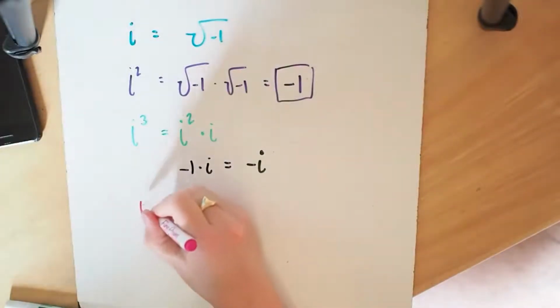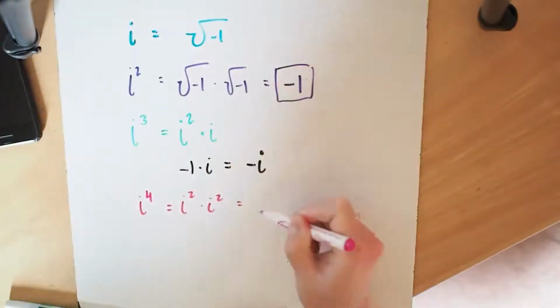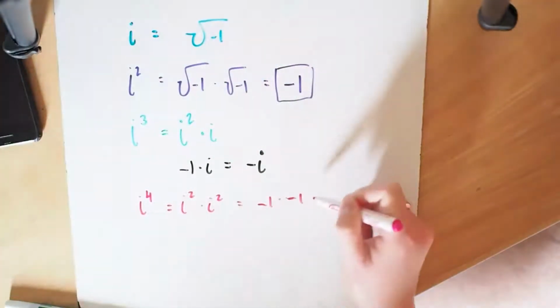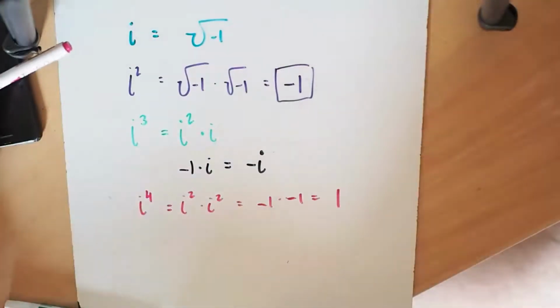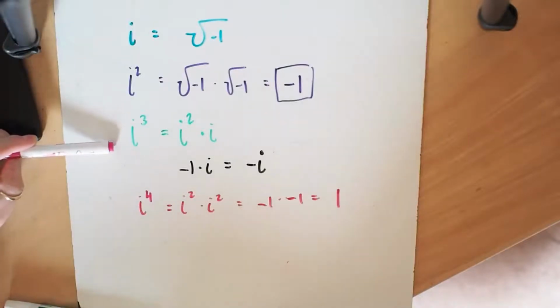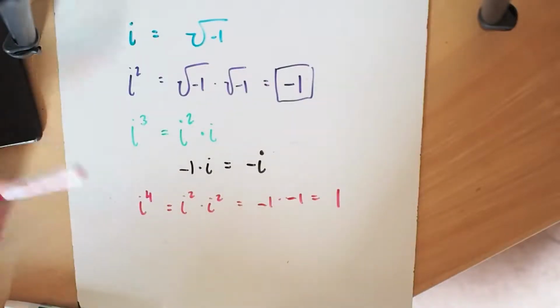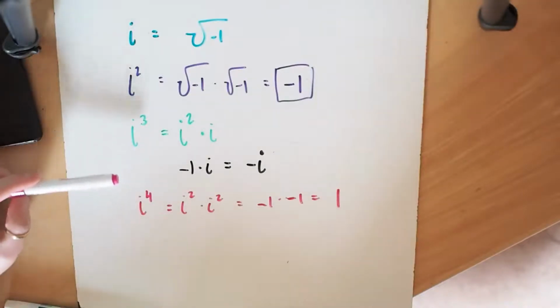Lastly, if we have i to the fourth power, we get i squared times i squared, which is -1 times -1, which becomes +1. So you see this cycle. i is imaginary, i squared is not imaginary, i cubed is imaginary, and i to the fourth is not. Every time i has an even exponent, it becomes a real number.